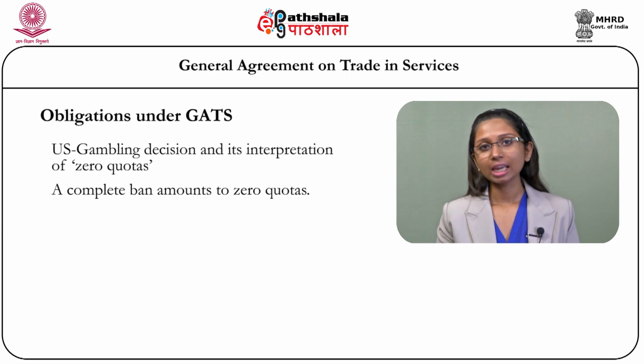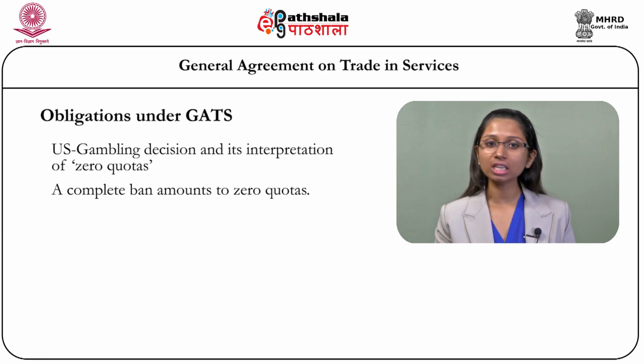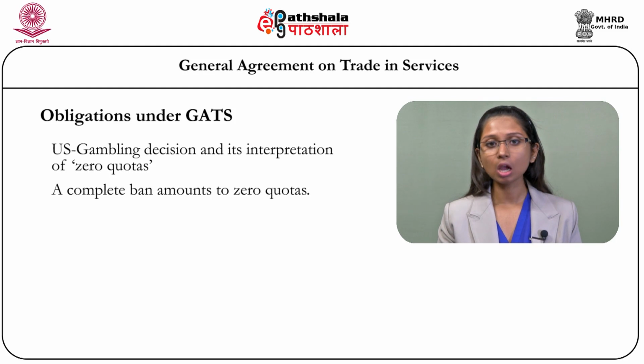supplied. It was the argument of the United States that since the measure is in the nature of a ban, it does not hold any numerical value and therefore it cannot be said to violate the terms of Article 16 of the GATS.